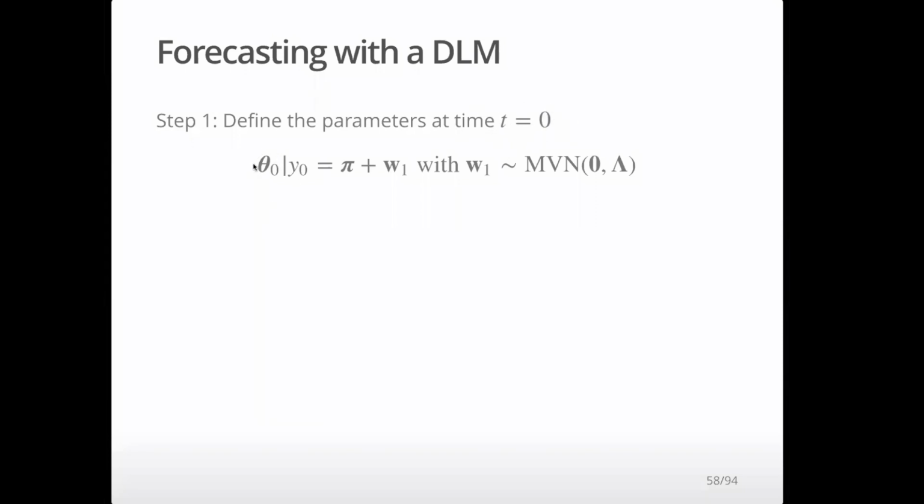In DLMs, we think about these parameters being in a vector theta, and that's at time 0, and this is given. So it's a conditional given the data through yesterday, right? Like I said, first thing in the morning, you get up, you don't know anything except what happened yesterday. Well, what we often do is we would typically say that the parameters are going to be equal to some vector, we're going to call that pi, plus some white noise today.